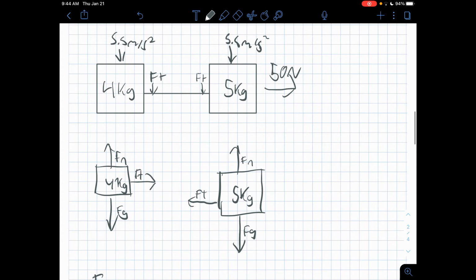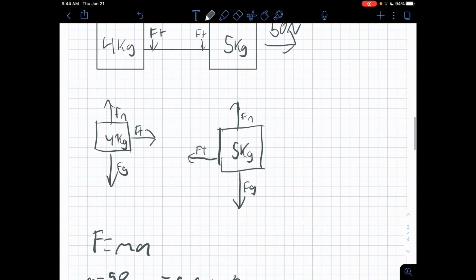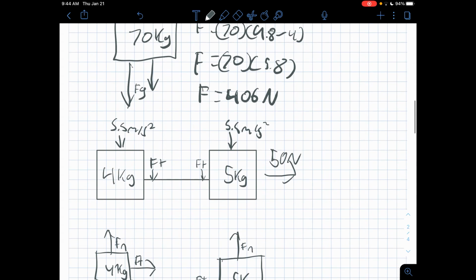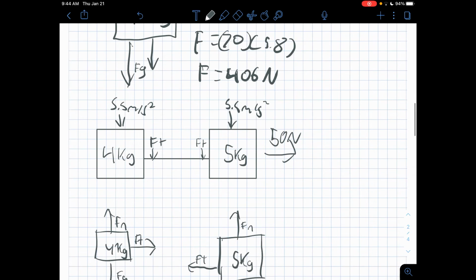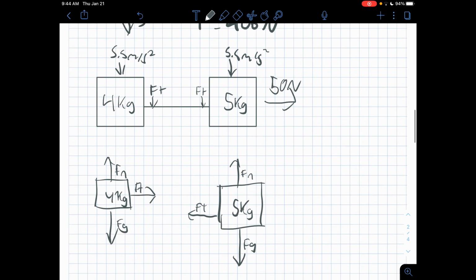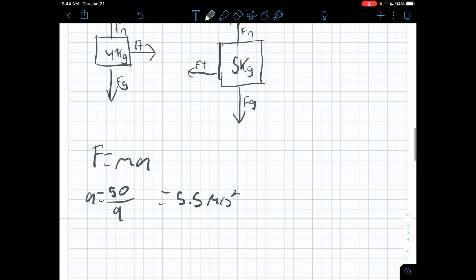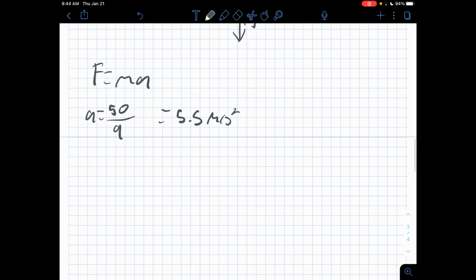So in the free body diagram, to calculate the force tension, we can choose any one of the blocks. Let's start with the first one, the 4 kilogram one. I'll just redraw the free body diagram here real quick.